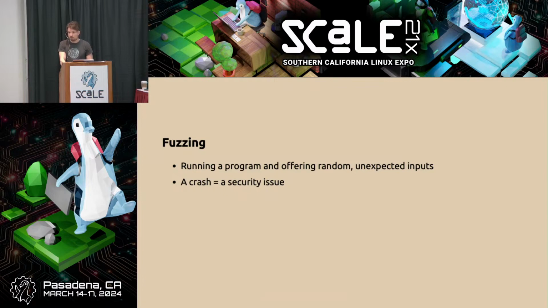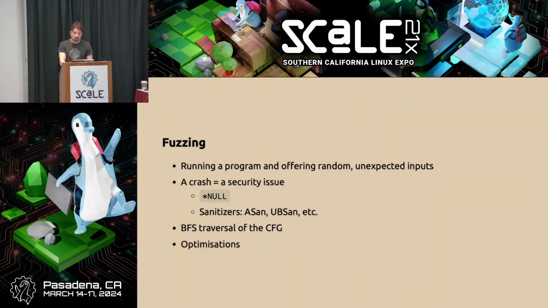This may or may not be a true statement. For example, we can catch null dereferencing. We can have sanitizers such as address sanitizers and undefined behavior sanitizers for increasing our success rates. And basically, it's a BFS traversal of the control flow graph.